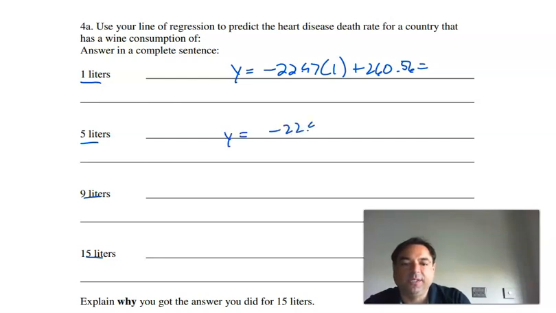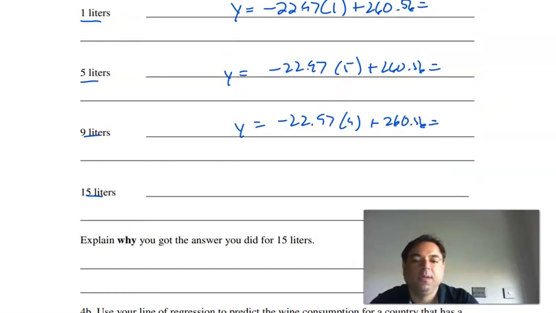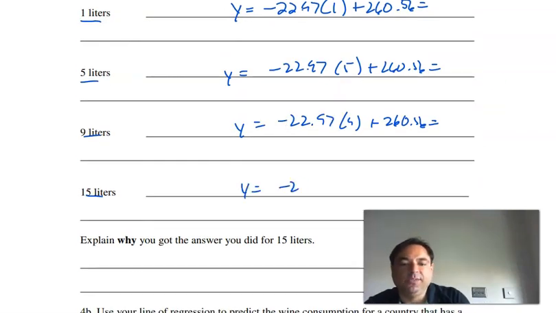Y equals negative 22.97 times 5 plus 260.56. Y equals negative 22.97 times 9 plus 260.56. And y equals negative 22.97 times 15 plus 260.56.